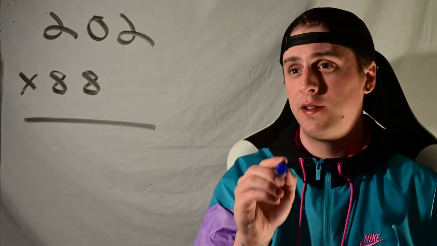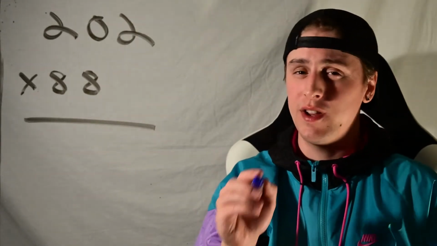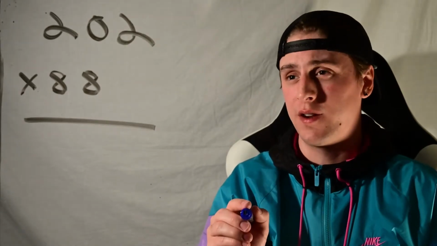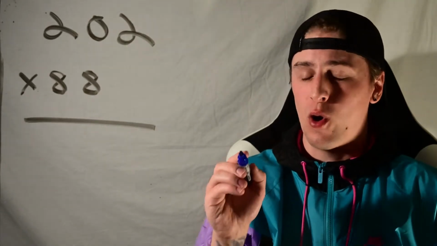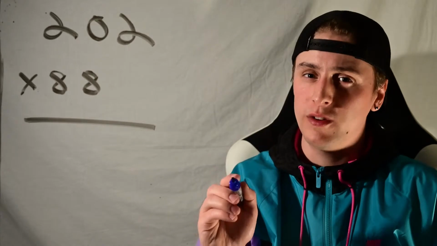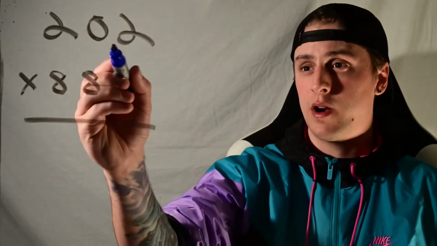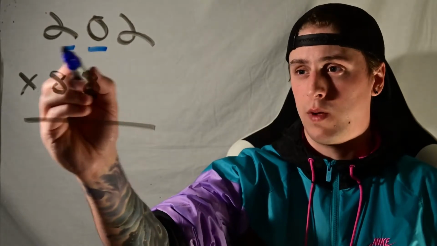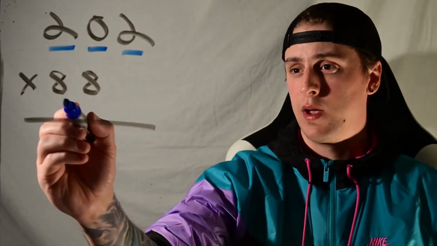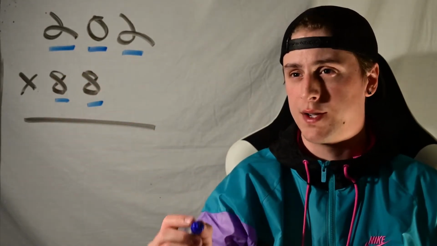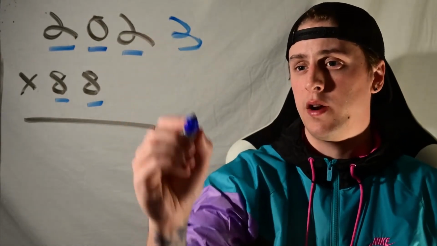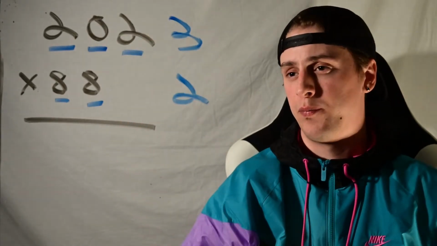Okay? So, the last thing you need to know about significant figures is you always take the lowest amount of significant figures. So now we know that this 0 counts. We have our non-zeros. We have our 2 significant figures here. So we have 3 here, and we have 2 here.